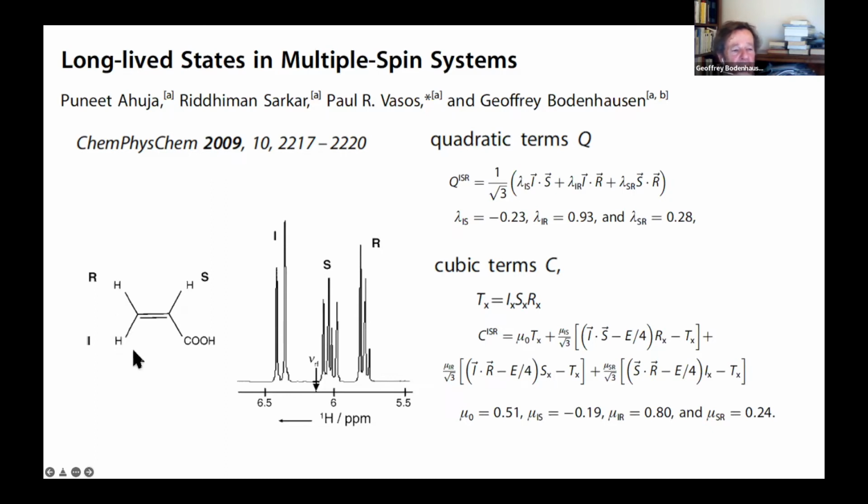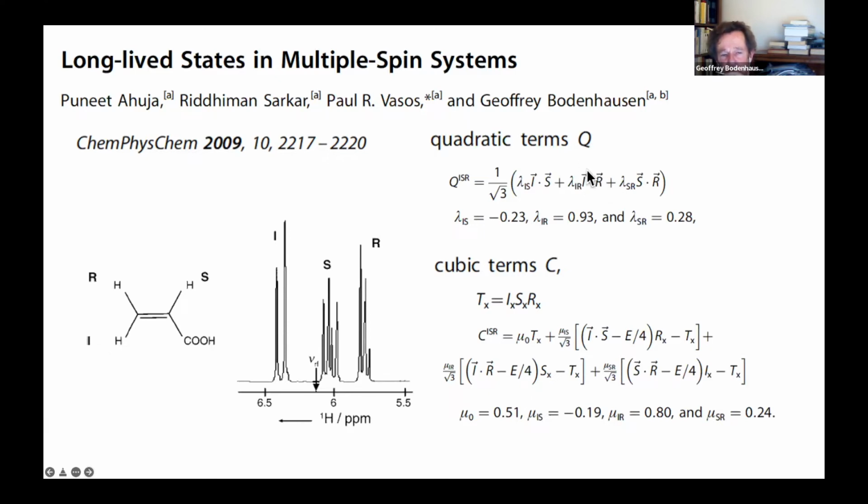Well, we postulated that mostly the longest state would be made between I and R, and therefore, mathematically, this would be a product of the vector I times the vector R. So this is Ix, Iy, Iz, and this is Rx, Ry, Rz, and this is the scalar product between the two. But it turns out that the longest state is not pure like this.